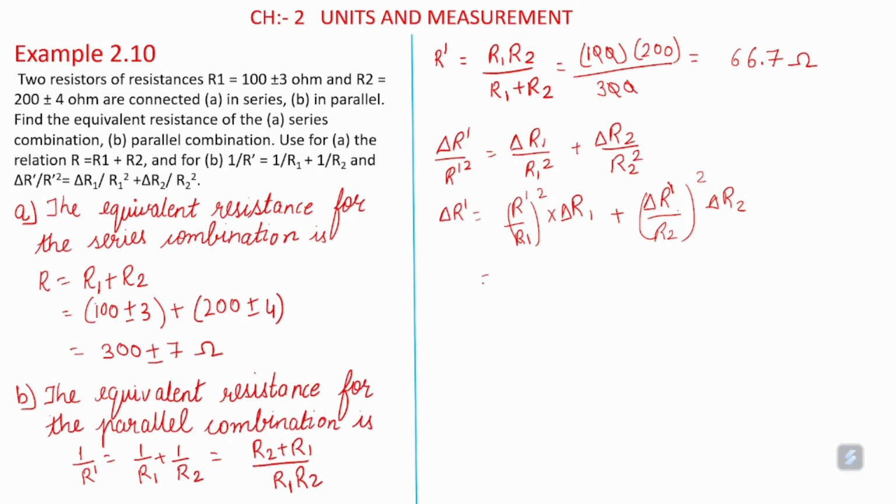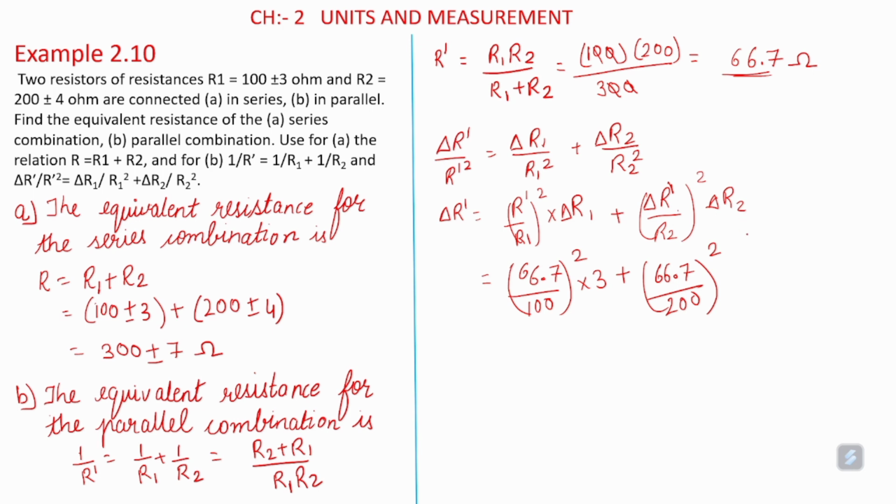Right, now we will put the value of R dash. What is the value of R dash? We have obtained it here, 66.7. So 66.7 upon R1, which is 100, whole square into delta R1. So here delta R1 in the question is given as 100 plus or minus 3, so delta R1 is 3, into 3, plus R dash again 66.7 upon R2, which is 200, whole square into delta R2.